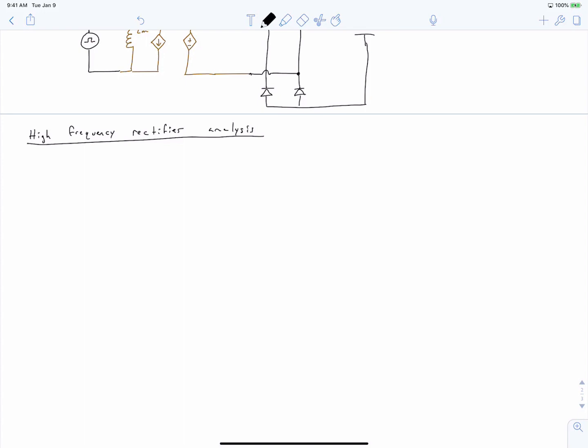Now we're talking about single-phase rectifiers, but they're going to be higher power and much higher frequency. They might be 100 kilohertz, 200 kilohertz, it might be 1 kVA, 2 kVA, so orders of magnitude higher frequency and higher power, and this changes the assumptions we make when we construct our more simple equivalent circuit models to derive the operating principles.